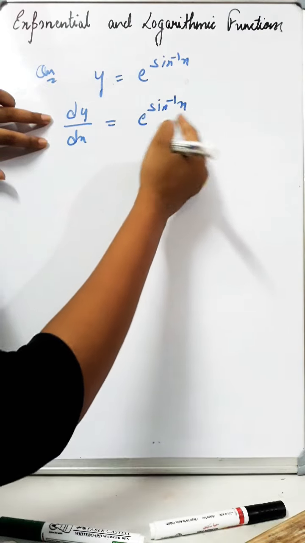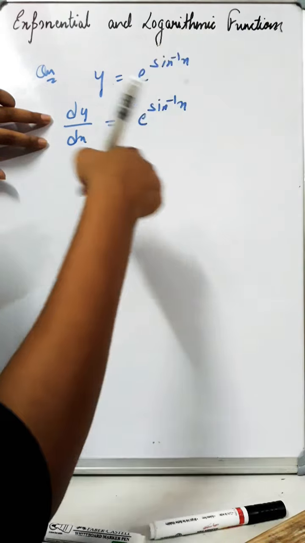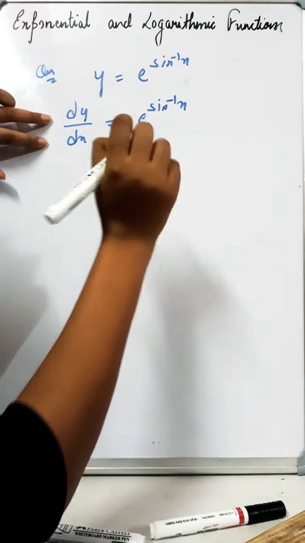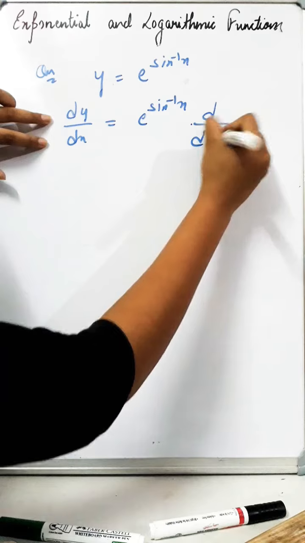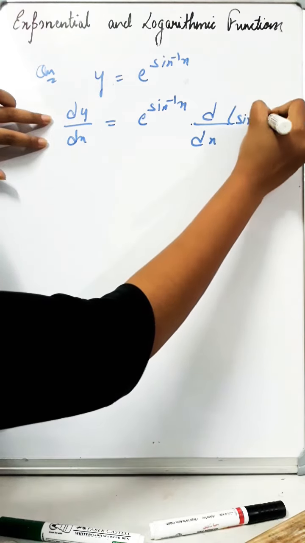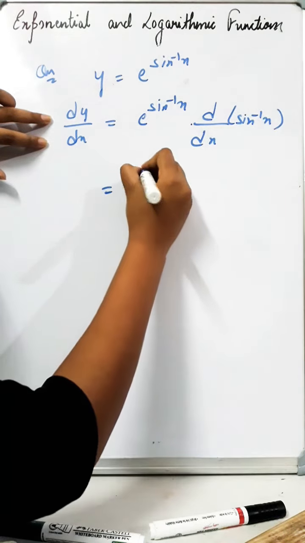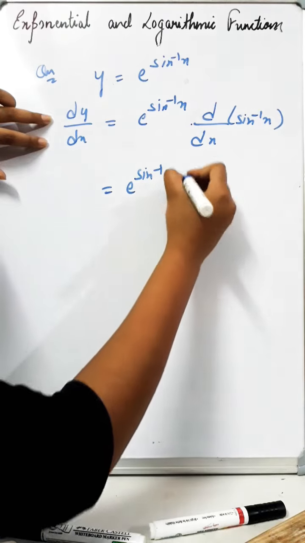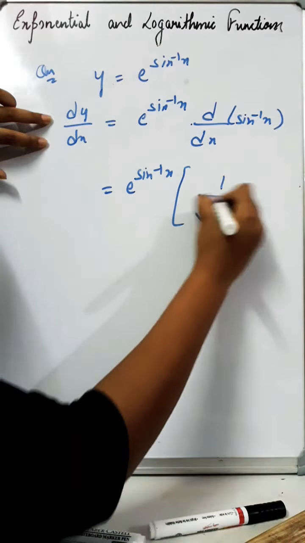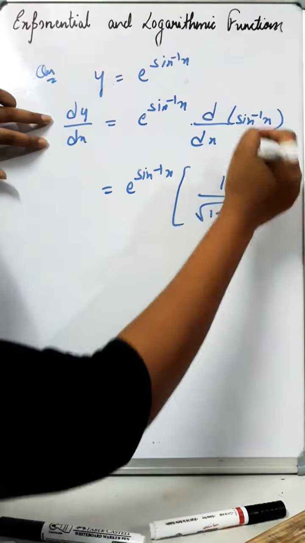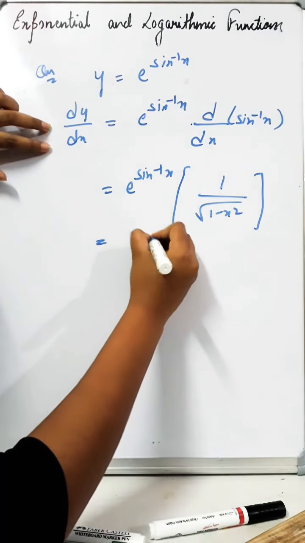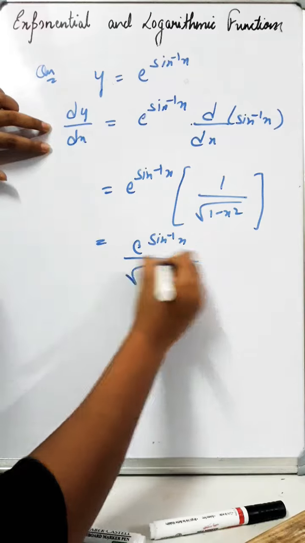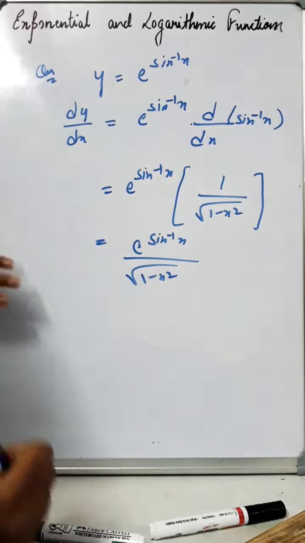But then you have to see whether the exponent is further differentiable with respect to x or not. So in this case it is. So you will do d by dx of sine inverse x also. So this gives you e raised to the power sine inverse x into 1 upon under root 1 minus x square. Straight formula of differentiation of sine inverse x. So you get e raised to the power sine inverse x upon under root 1 minus x square. So this is your answer.